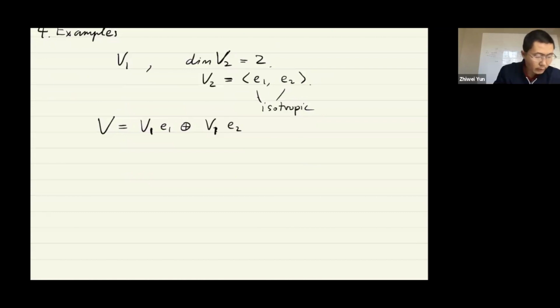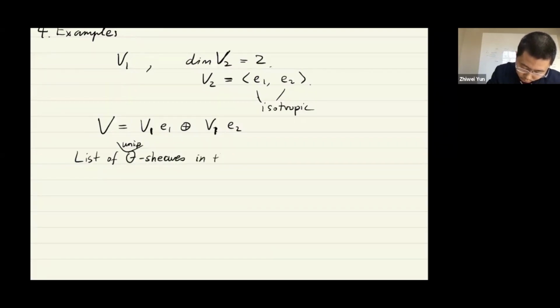So let me give the list of unipotent theta intertwining sheaves in this case. These are sheaves equivariant under Sp(V1) times O(V2), acting naturally on this tensor product space.